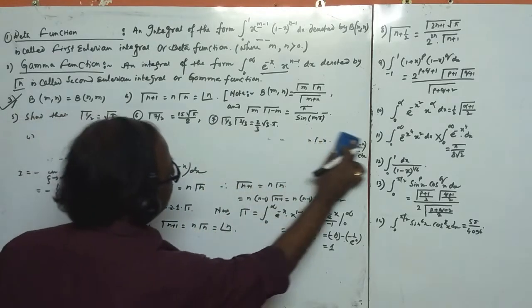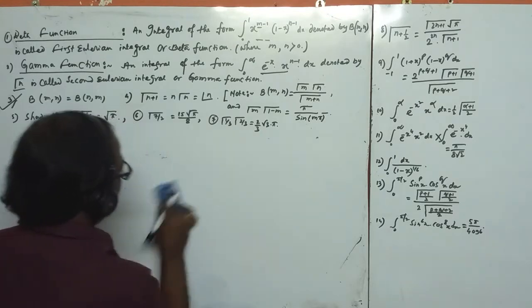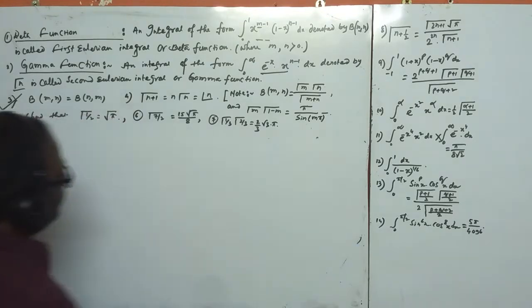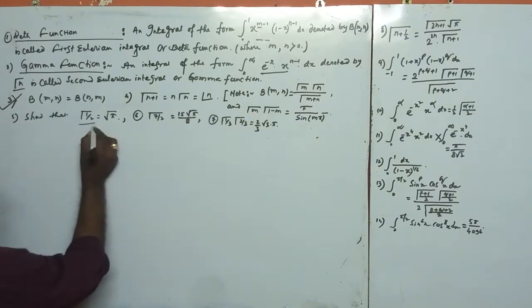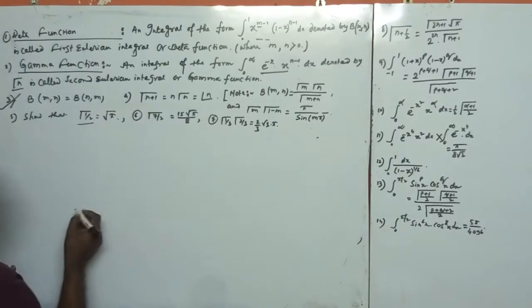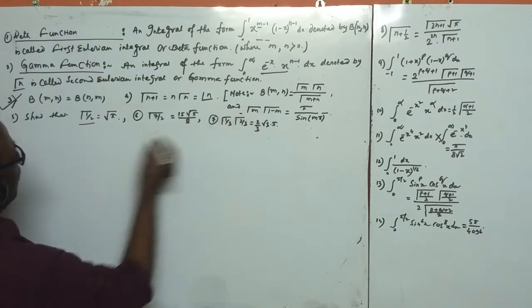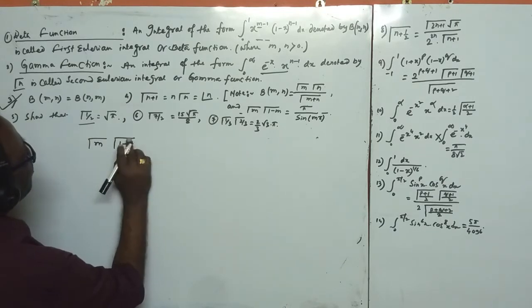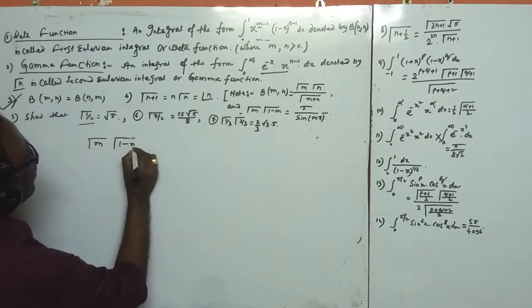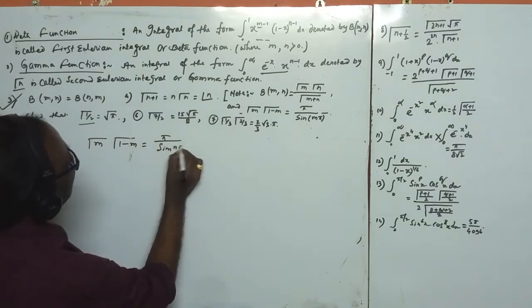Here this is gamma half. So now, gamma half, from the second point, this is m and gamma 1 minus m, that is pi by sin m pi.